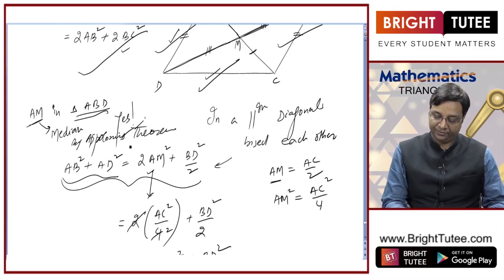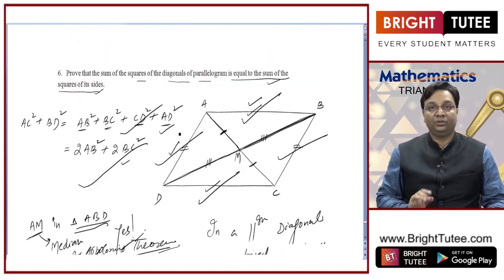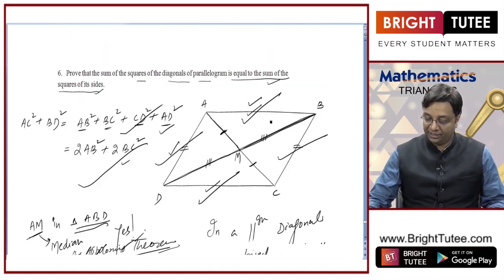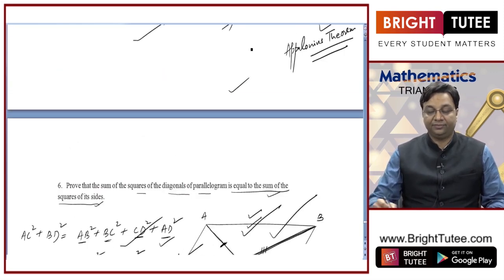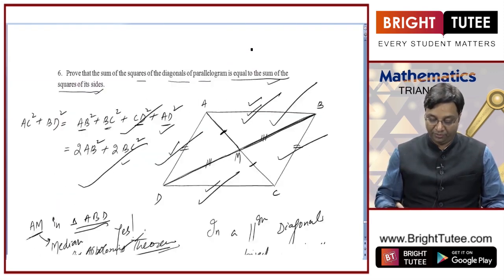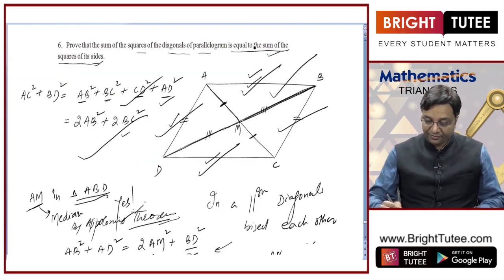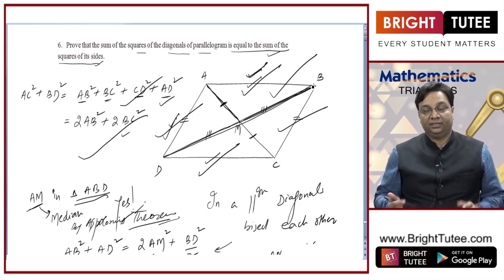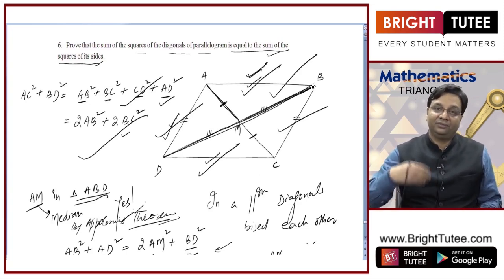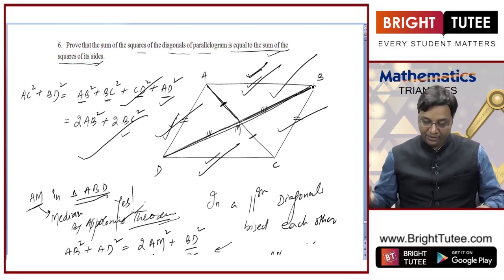And even if you don't want to use this result, you can prove this result in this triangle itself, okay, as I have done here, by dropping a perpendicular, then taking two triangles, and you can prove that AB square plus AD square will be equal to twice of AM square plus BD square by 2. Okay, this result can always be proved because we have just proved it in the previous question, right?